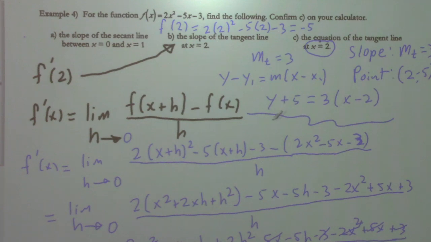And we don't have to go any farther than this. Now, on a multiple choice problem, they might have it eventually in slope-intercept form where you have to solve all the way. But for most, this is a valid equation right here. No need to put it in slope-intercept form.